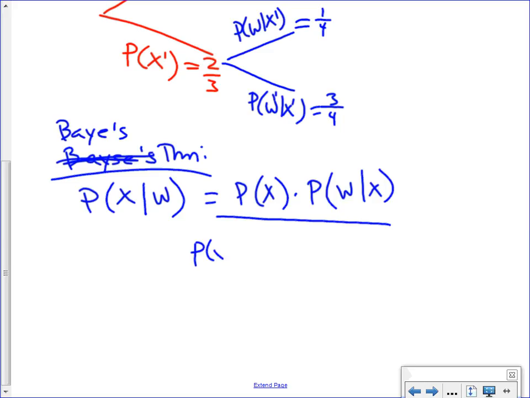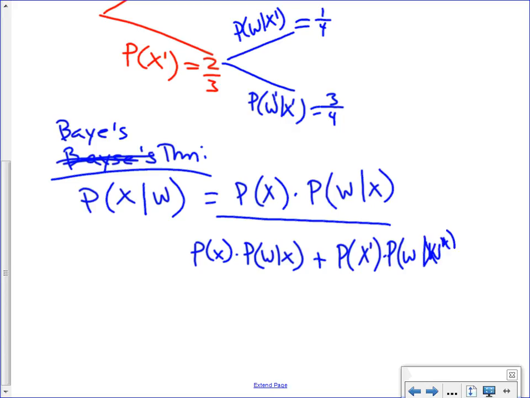So probability of X times probability of winning given X, plus the probability of not X times the probability of winning given not X.